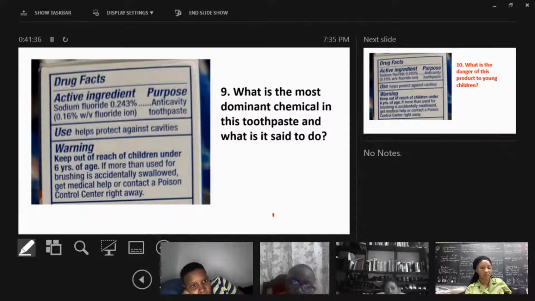Question 9. What is the most dominant chemical in this toothpaste and what is it said to do?